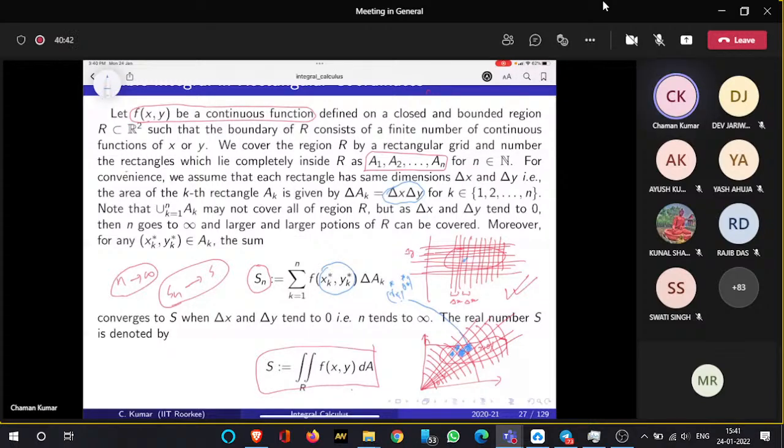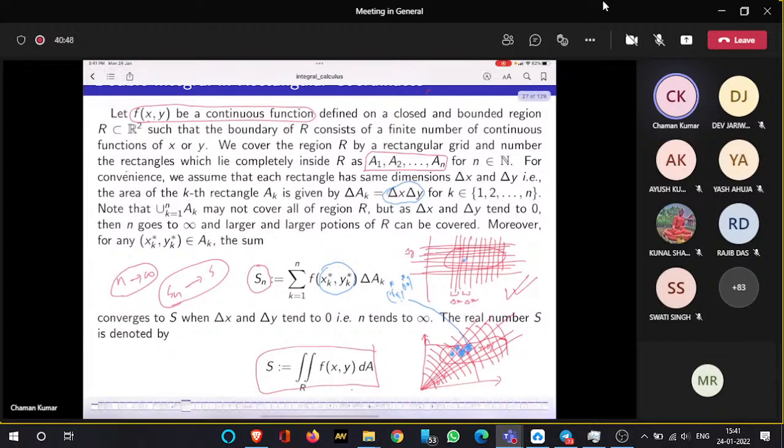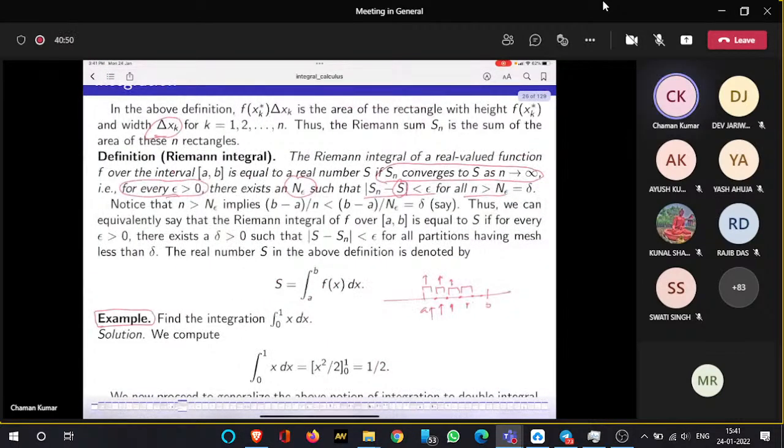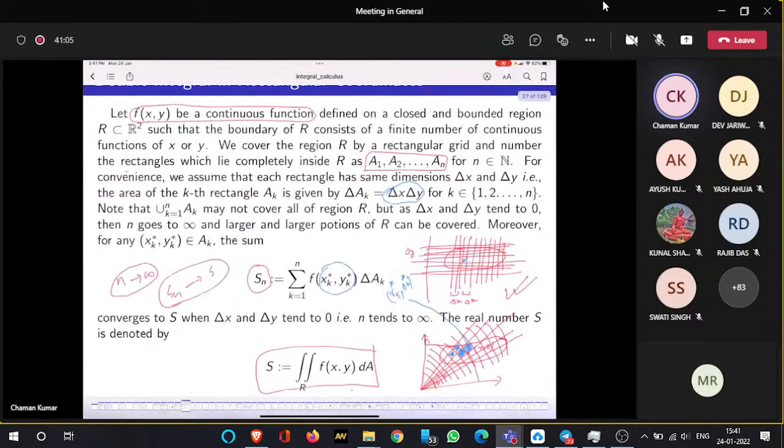And then you again construct the Riemann sum, and then you take the limit. The sense of this limit, Sn converges to S, will be the same for all the cases. केवल उसमें एरिया चेंज होते जाएगा. ठीक है. So that will give you the double integral in polar form.